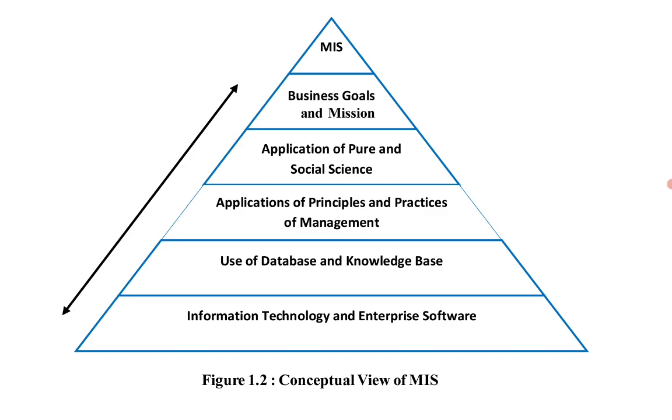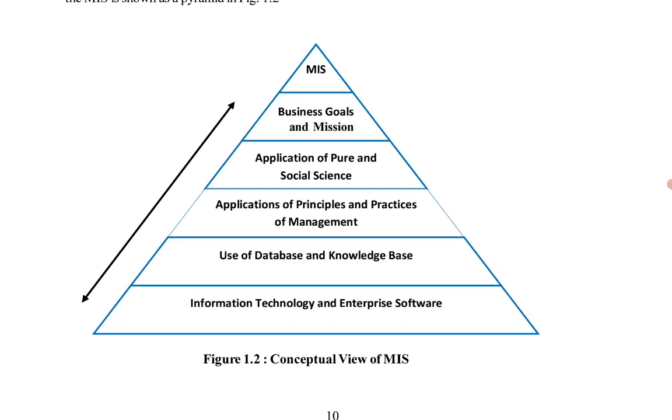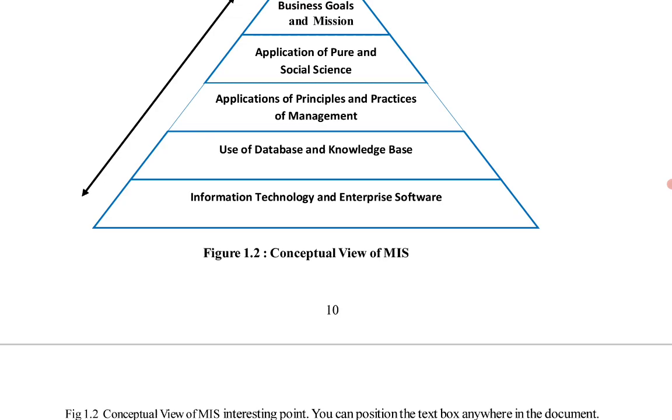Second one is business goals and mission. Third one is application of pure and social science, and fourth one is applications of principles and practices of management. Fifth one is use of database and knowledge base and information technology and enterprise software. This is the conceptual view of MIS.